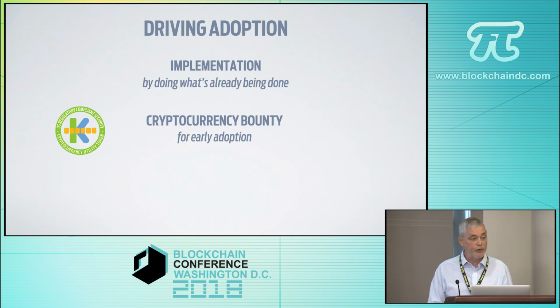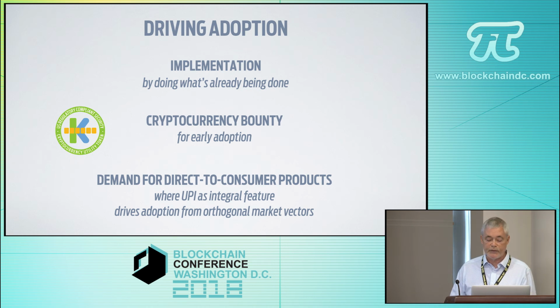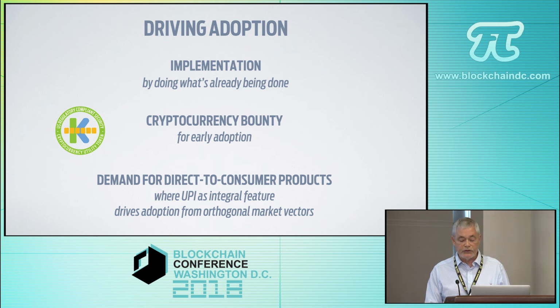Calibrate Coin, the cryptocurrency that funds the Universal Patient Index, will be utilized to incentivize early adoption of this network service. Adoption is driven further by a portfolio of products and services with orthogonal demand vectors where the Universal Patient Index is an integral feature. These include direct-to-consumer products that are highly demanded.